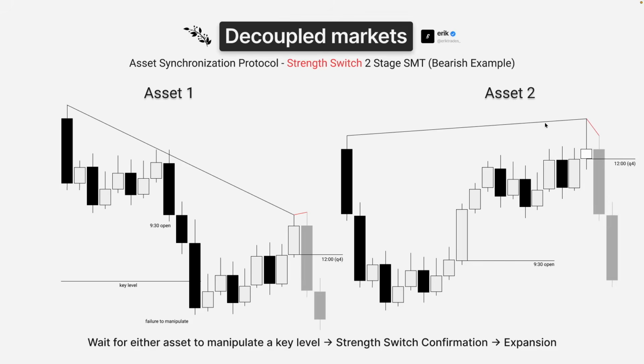You don't want to be getting lost in this. You don't want to be seeing this and thinking, oh, we're expanding higher, so therefore I should be looking for buys. This is why context is important, right? You need to know that this is in a bearish profile, and we're going to be talking about profiles later. So this move higher is all a big manipulation at the highs, and we synchronize it with the strength switch SMT.